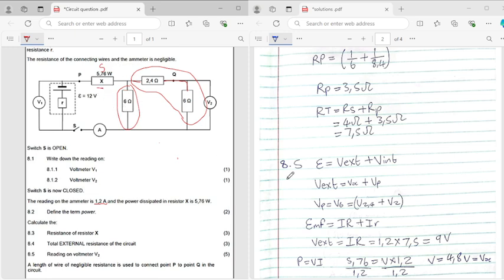So it basically means V external is the voltage from resistor X and the voltage in parallel. And in parallel, if you have this V parallel, let me try to erase and write it somewhere here.